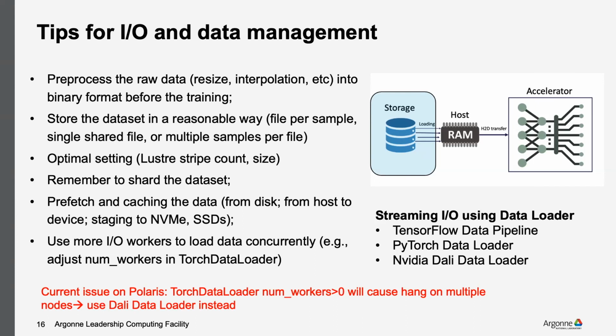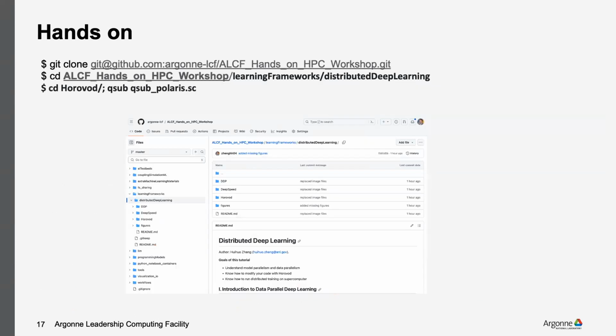If you use a number of I/O workers greater than 0 and then scale it up to multiple nodes, a lot of the time it will cause a hang. So on PyTorch, if you scale it up, you can only use number of workers equal to 0. One solution is to use the DALI data loader, because DALI also supports PyTorch and uses a different thread spawning mechanism. So using the DALI data loader, you can use multiple workers without causing a hang. Okay, this is the lesson.